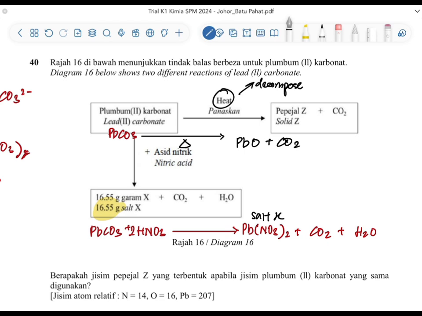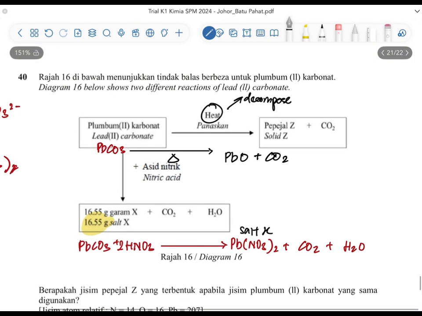Let's see whether this equation is balanced or not. We have 3 oxygen here, over here also 3 oxygen, and 1C, so this is a balanced equation.